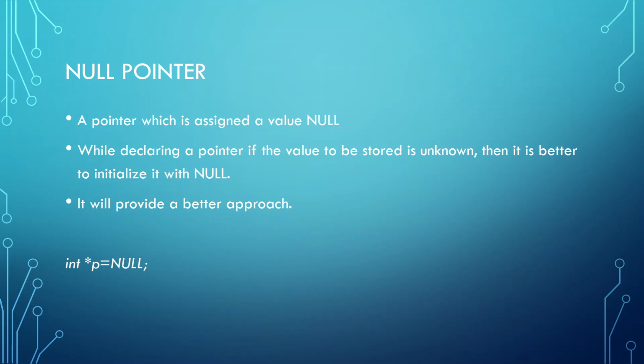So this is how you make the declaration: int asterisk p is equal to null, which means that there is a pointer and it is right now having no value, that is null. This is used for avoiding confusion or garbage values.